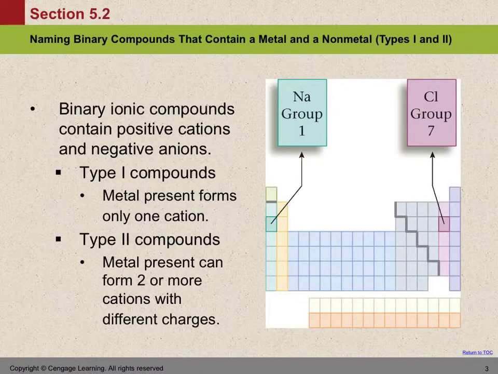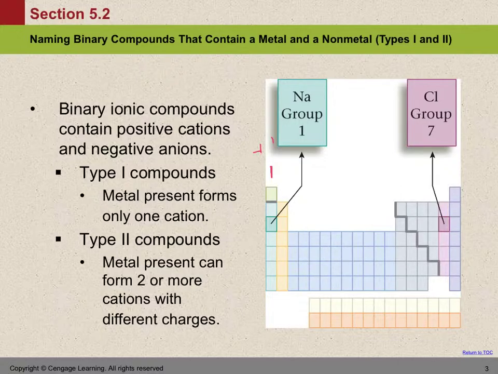Binary ionic compounds contain a cation and an anion. We have three types of those. So to start, we have type 1. In type 1, we have ions that are only found in one form. So group 1, right here on the periodic table, is always going to have a +1.